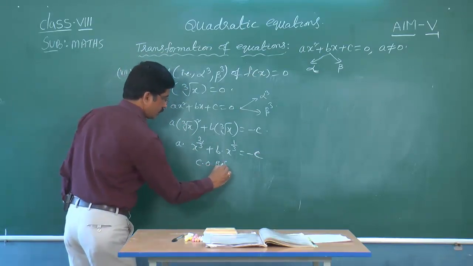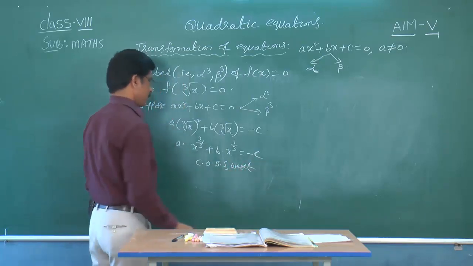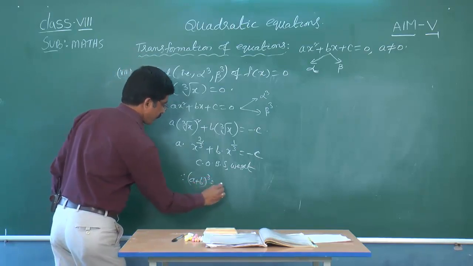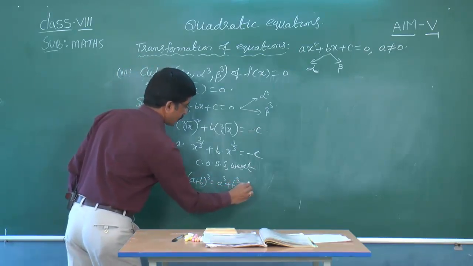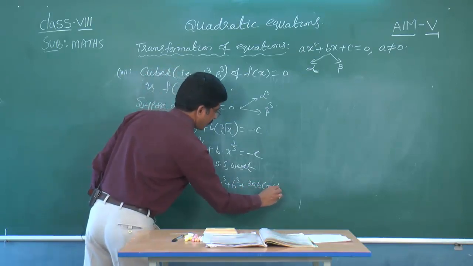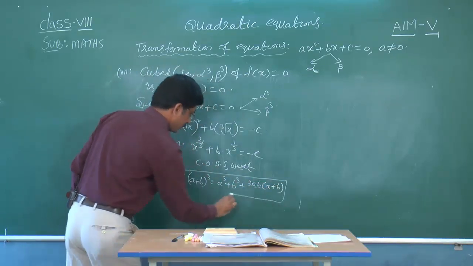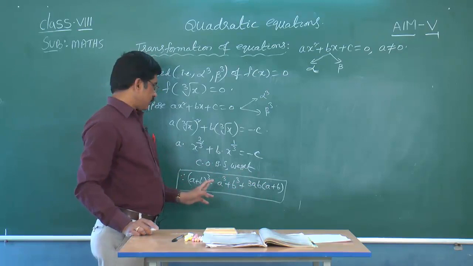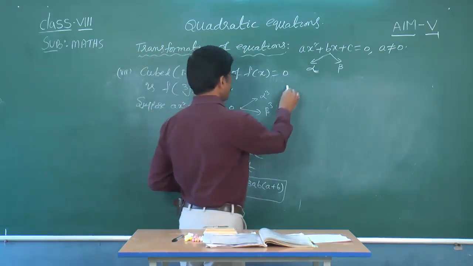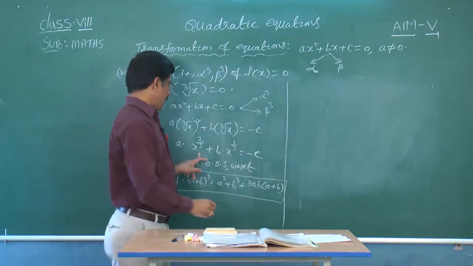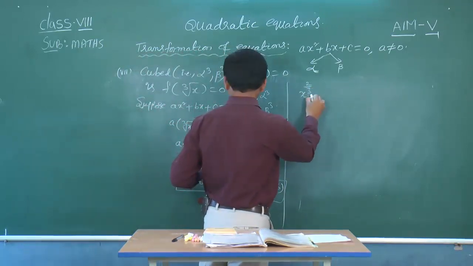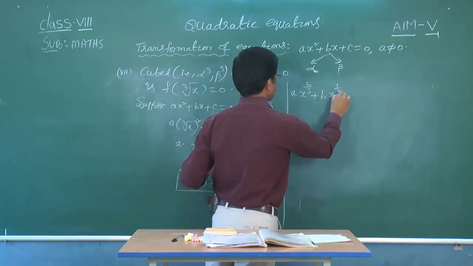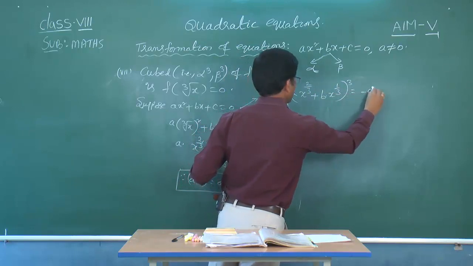Using the formula a plus b whole cube is a cube plus b cube plus 3ab into a plus b, we apply this formula here: a x power 2 by 3 plus b x power 1 by 3 whole cube is equal to minus c whole cube.